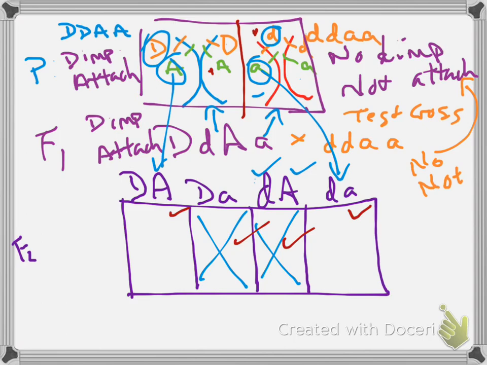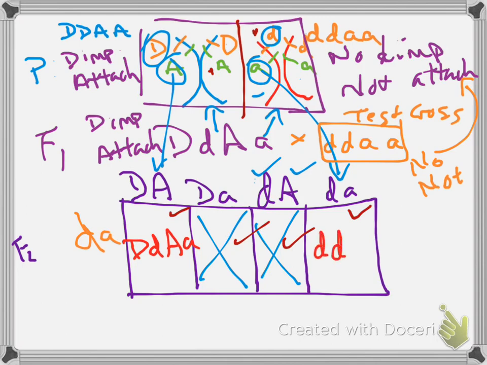Well, the other parent, the only gamete they're going to give you is a little d and a little a. And so you put your combinations in there, and you'll either get big D, little d, big A, little a, or little d, little d, little a, little a.